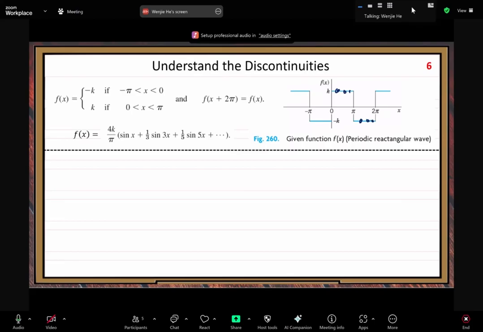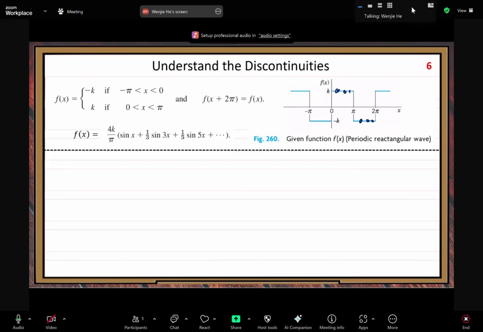At the normal points, convergence has no problem. Both sides are the same. The left-hand side is the function value at the continuous points, and the trigonometric series, when you plug in the point, matches exactly. That can be proved mathematically, not too hard.